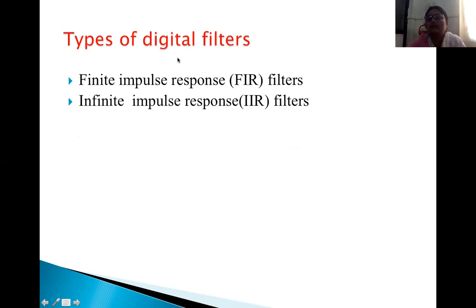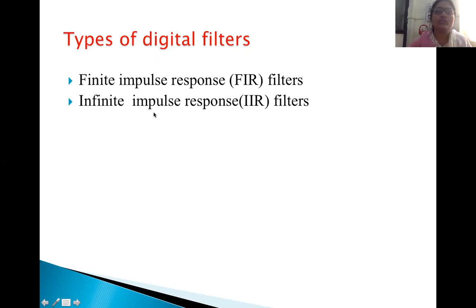As I am telling you, there are two different digital filters. One is called the FIR filter, which stands for finite impulse response filter, and the other is the IIR filter, known as infinite impulse response filter.